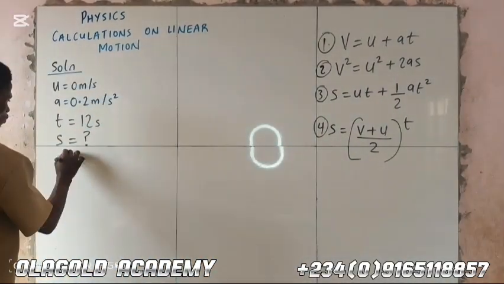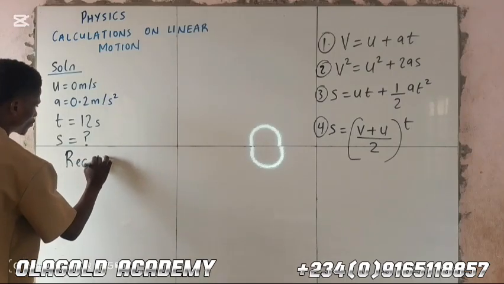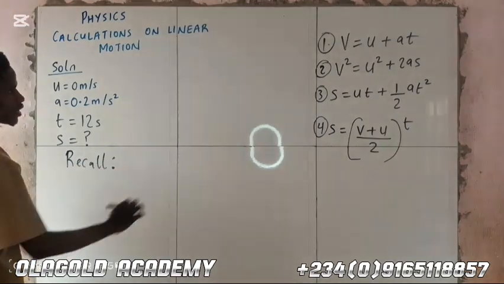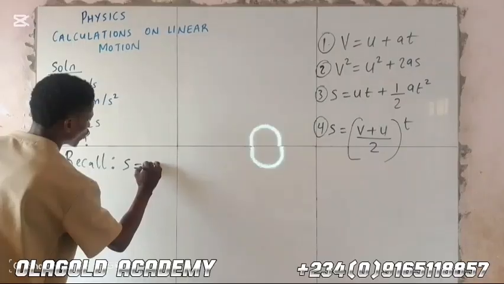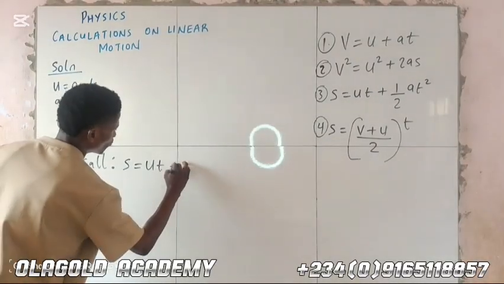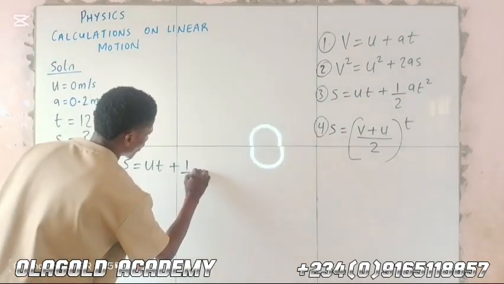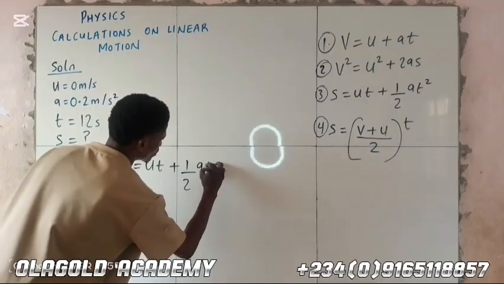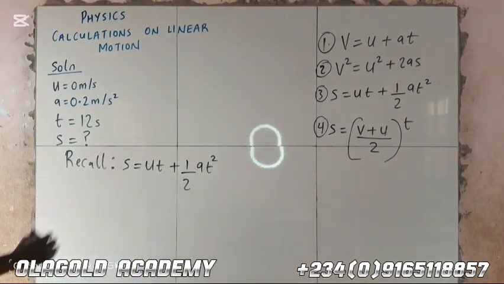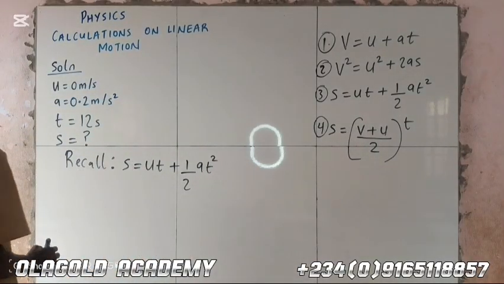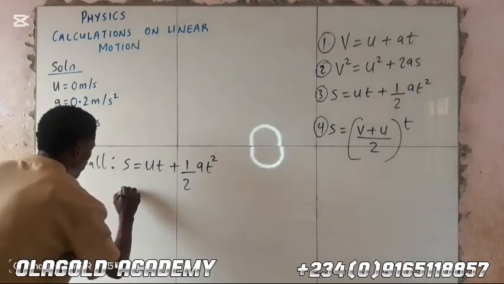So let's recall that S equal to UT plus half AT squared. Now let's input our given parameters.